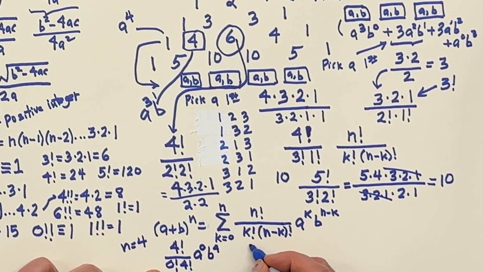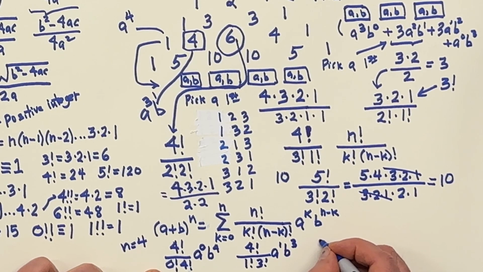And then the next term would be 4 factorial over 1 apple and 3 bananas. And you could see that you're going to get 4, because the 3 factorial, well, just 4 times 3 factorial, you just get the 4.